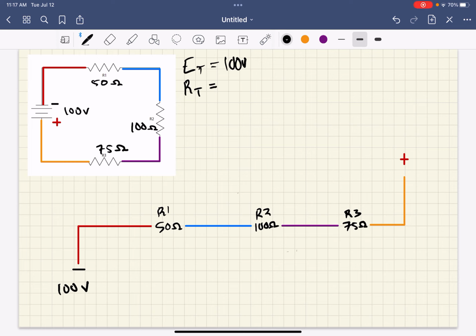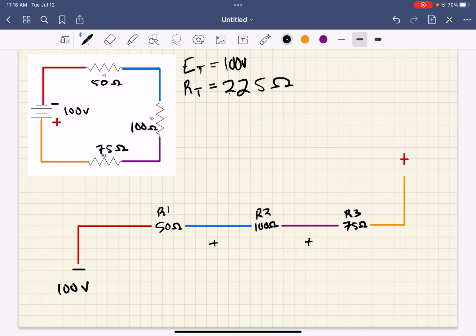Then we'll use the formula we said before of RT equaling R1 plus R2 plus R3: 50 plus 100 plus 75 ohms. We end up with 225 ohms.